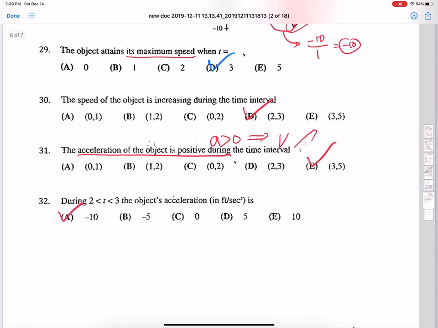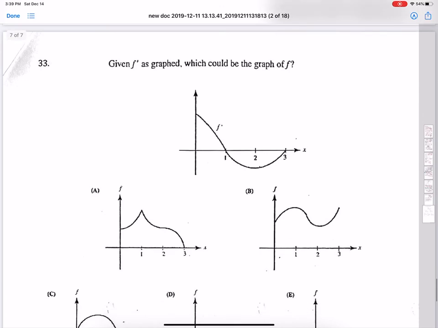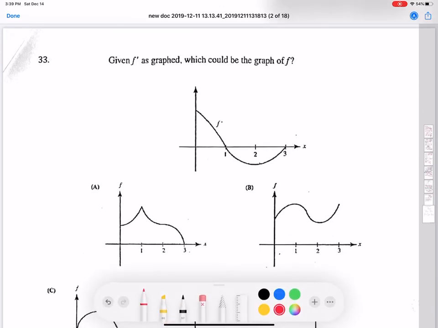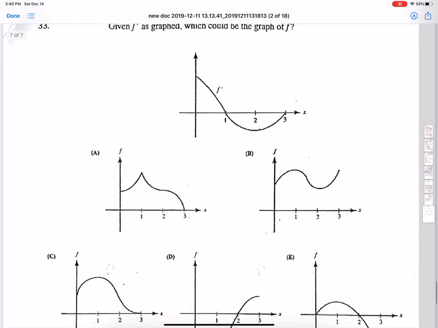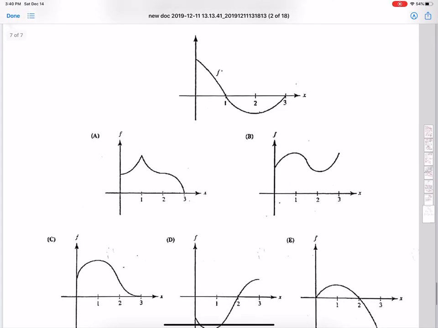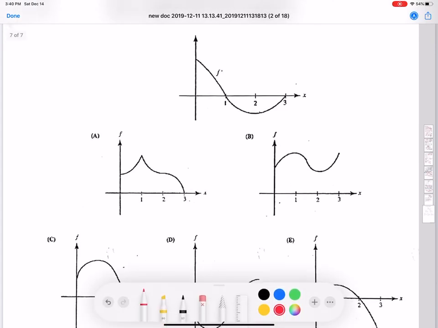Last problem, number 33. Okay. F prime of x graph is given, estimate what the f(x) graph could be, right? What about between 0 and 1? Okay. The f prime of x graph is above the x-axis.